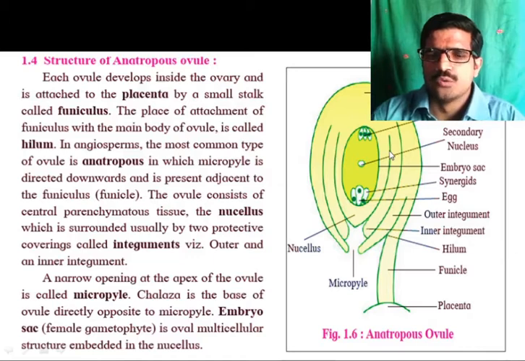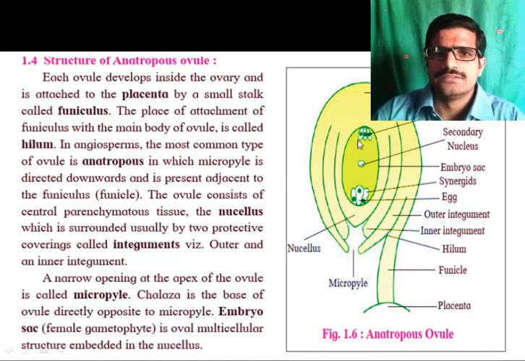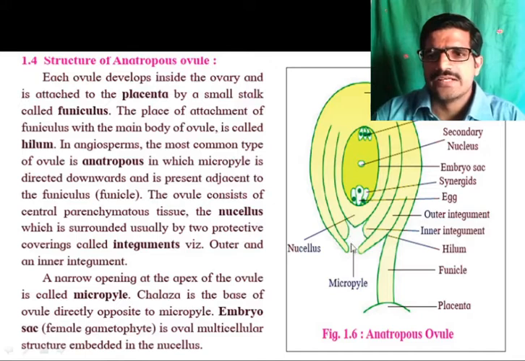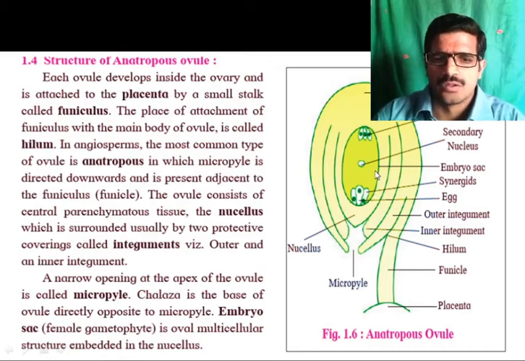In this anatropous ovule, the micropyle, nucellus and chalaza are present in one straight line, perpendicular to the hilum or stalk of the ovule. That's why it is called an anatropous ovule.